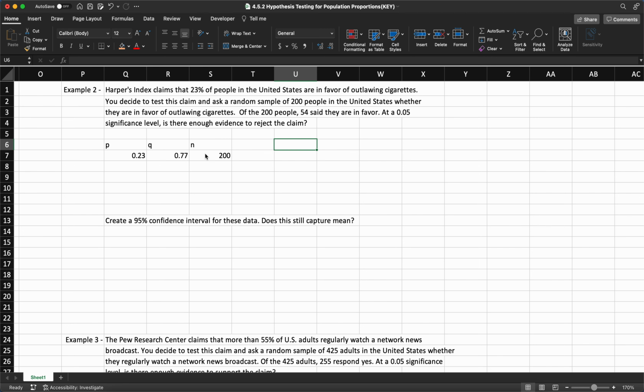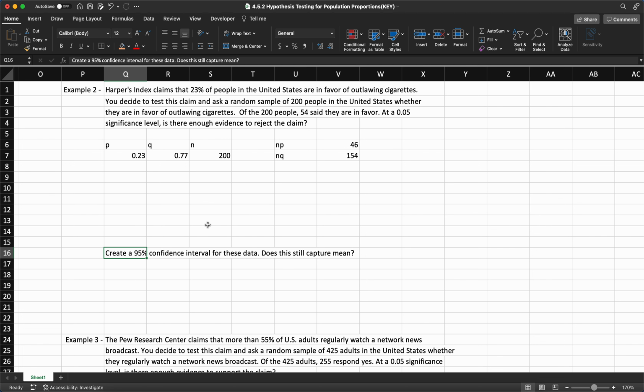So is NP and NQ, are these bigger than 5? We're going to do 200 times P, that's bigger than 5. We're going to do 200 times Q, that's bigger than 5. So we can go ahead and continue here. I'm going to move this down just a little bit.